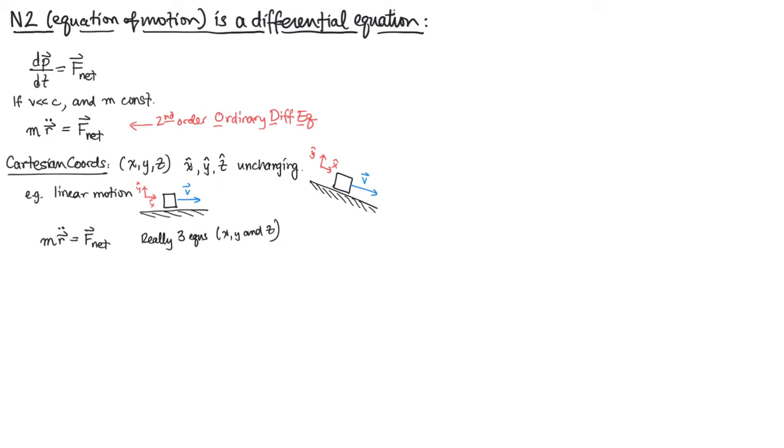So in other words, we must have m times the second derivative of x with respect to time is given by the net force in the x direction, and we can repeat this for y and z. So we really have 3 equations here. Like so.